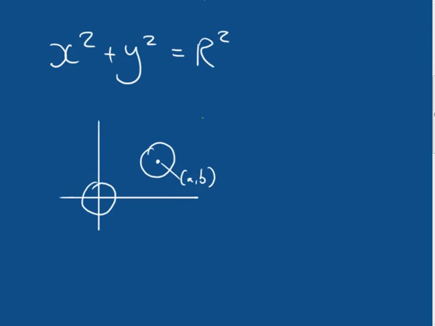Well, any point on our circle is going to need to be put into this equation and somehow satisfy the equation that relates it to the radius. But currently we know that isn't the case, because currently this equation requires the point to be on the circle centered at the origin.